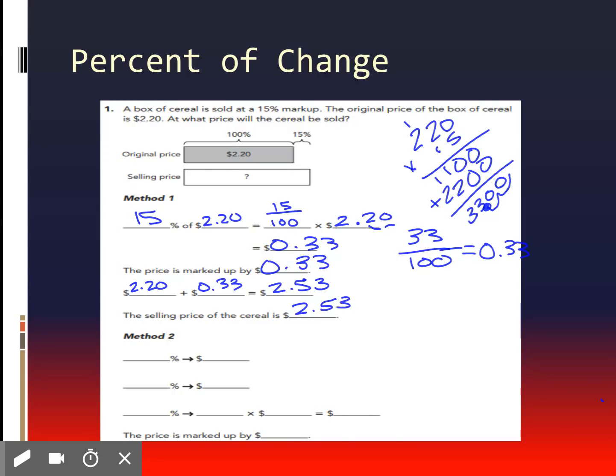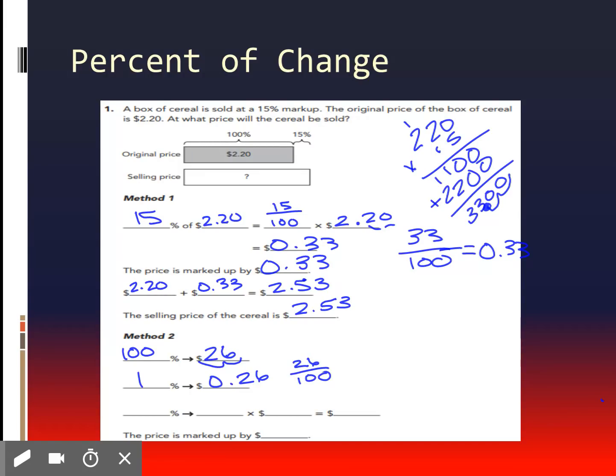In method 2, again, we're first finding that 100% is $26. So we want to see that 1% is 0.26, because again, I'd just be moving that decimal 2 places over by dividing, or you can keep it as 26 over 100.